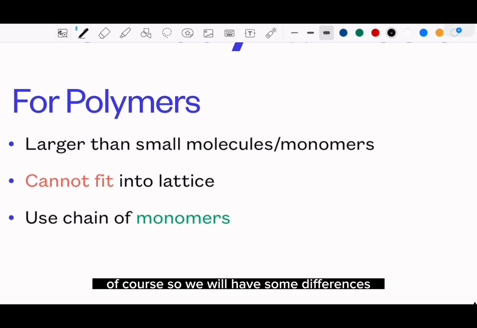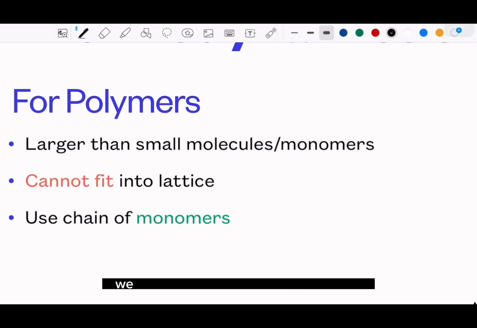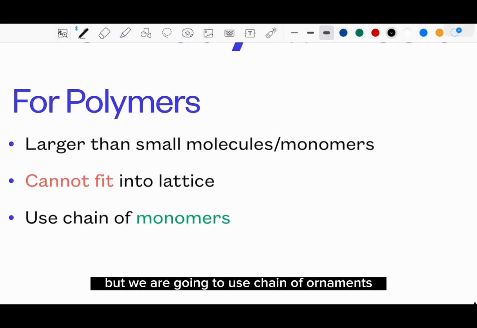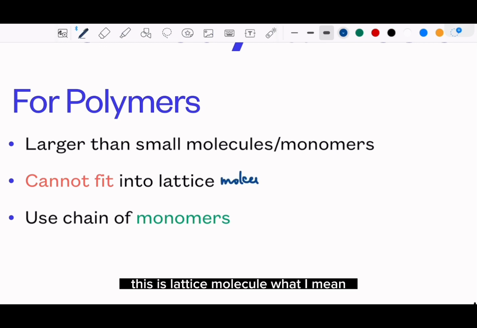So we will have some differences in the formula, and we cannot fit within the lattice like usual. But we are going to use chains of monomers. So we still use the lattice, but for monomers.